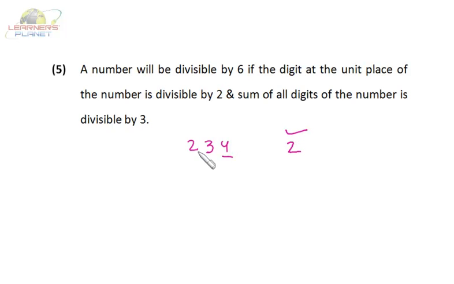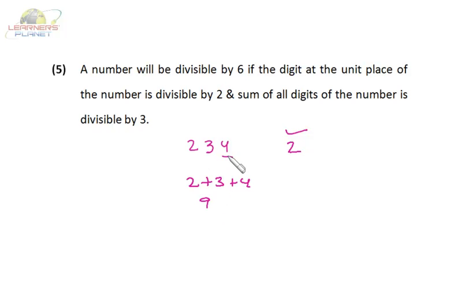Now we have to see whether this number is divisible by 3 or not. Now what was the divisibility test of 3? The sum of digits must be divisible by 3. Now just see whether it is divisible by 3 or not. So it's 2 plus 3 plus 4. So 4 plus 3, 7 plus 2, 9. Now 9 is divisible by 3. That means the sum of digits is divisible by 3.